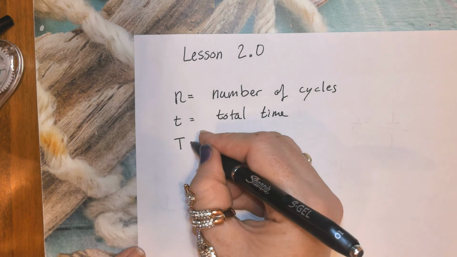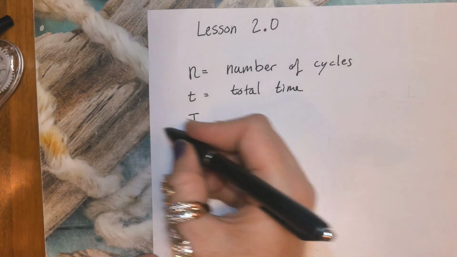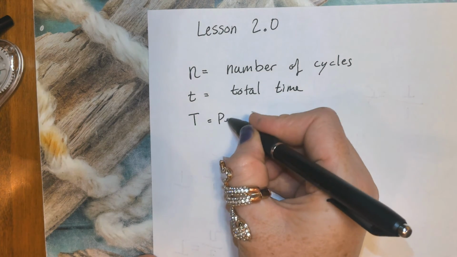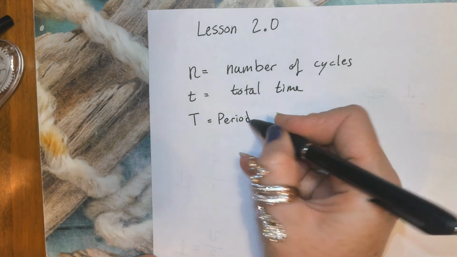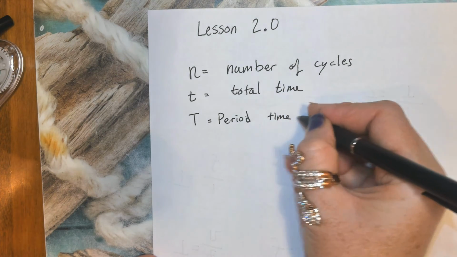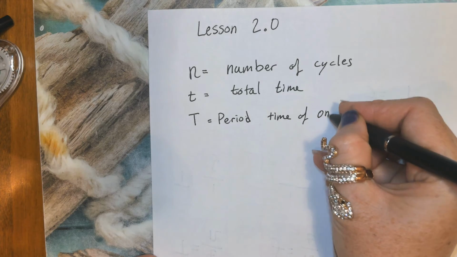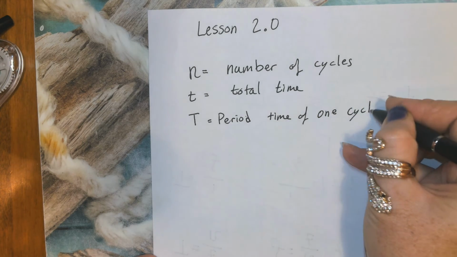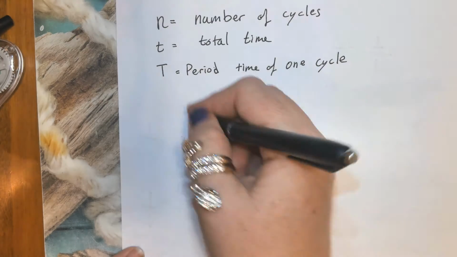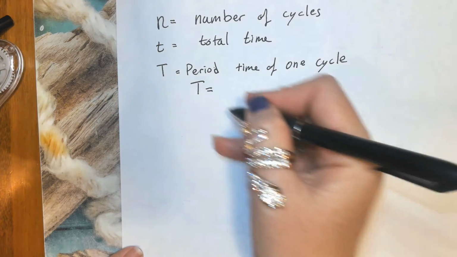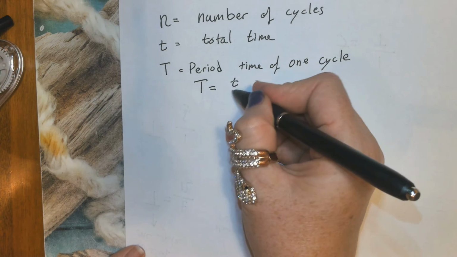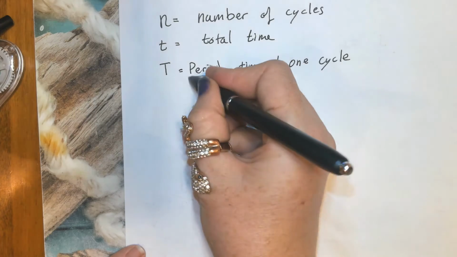Capital T equals period. Period stands for the time of one cycle. And there's an equation for period. Period equals the total time divided by the number of swings.